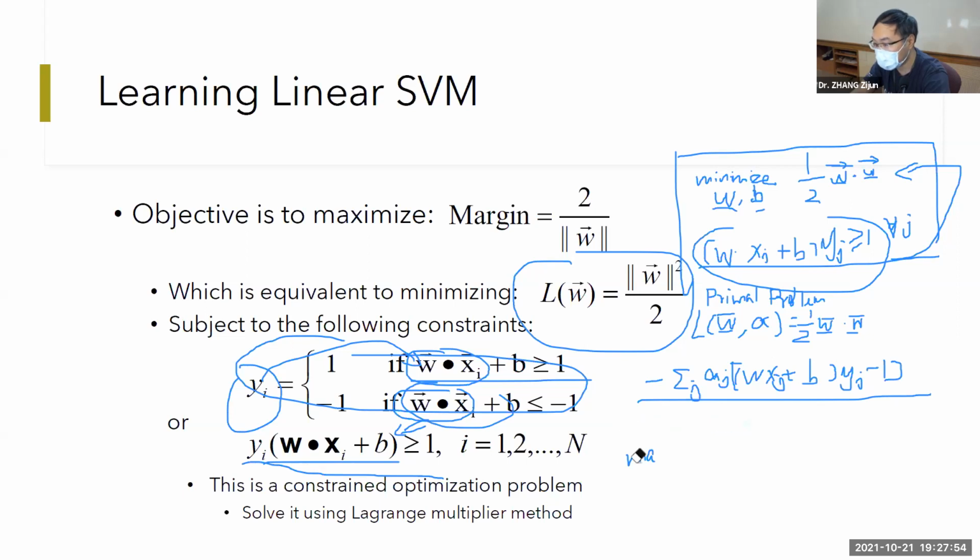I made a mistake. This is not the primal. I didn't write out the primal problem. This just converts the original problem by multiplying the Lagrangian multiplier alpha. So the constraint is that all the alpha j should be larger than or equal to 0 for all j.